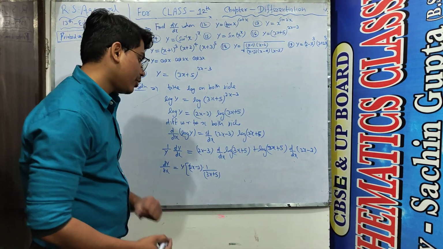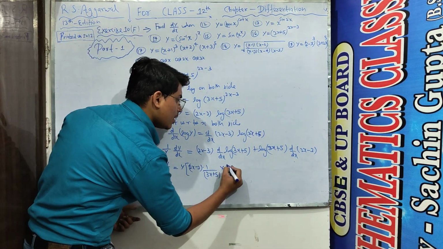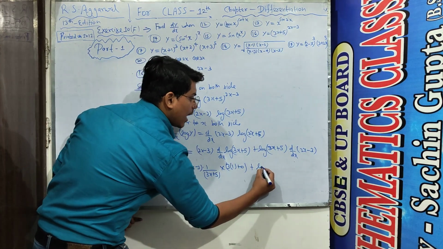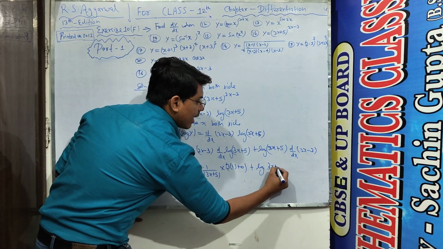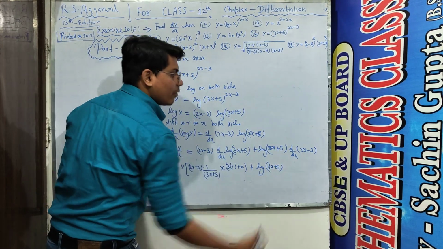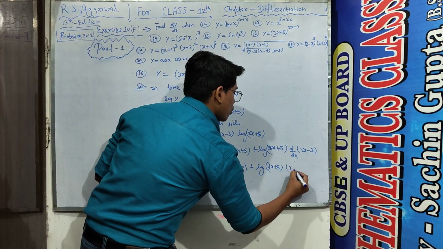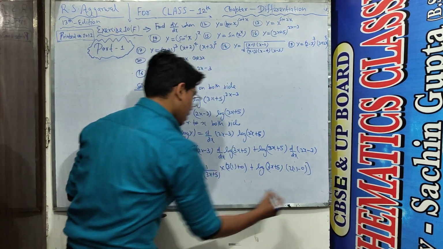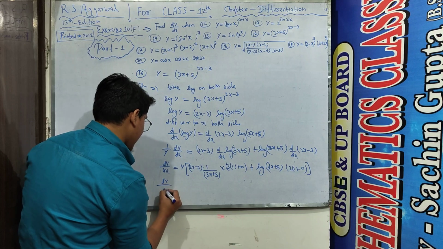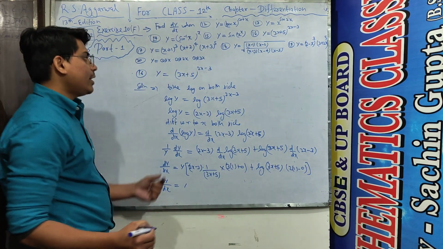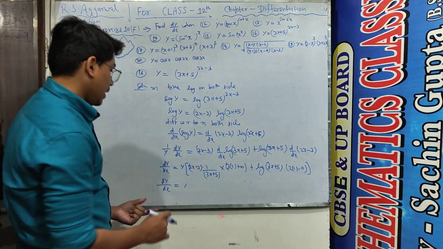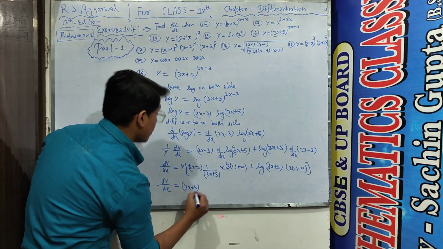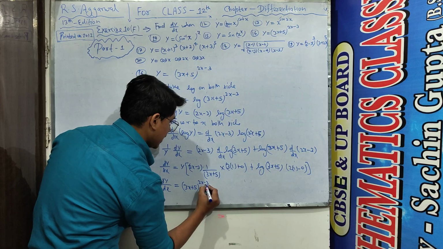Then it becomes, student, 3 times 1 times 0, and I write log (3x plus 5) as it is, and the differential of 2x minus 3 becomes 2 times 1 minus 0. Now I close the big bracket, and I write dy by dx, and the value of y can be written as (3x plus 5) whole power (2x minus 3).